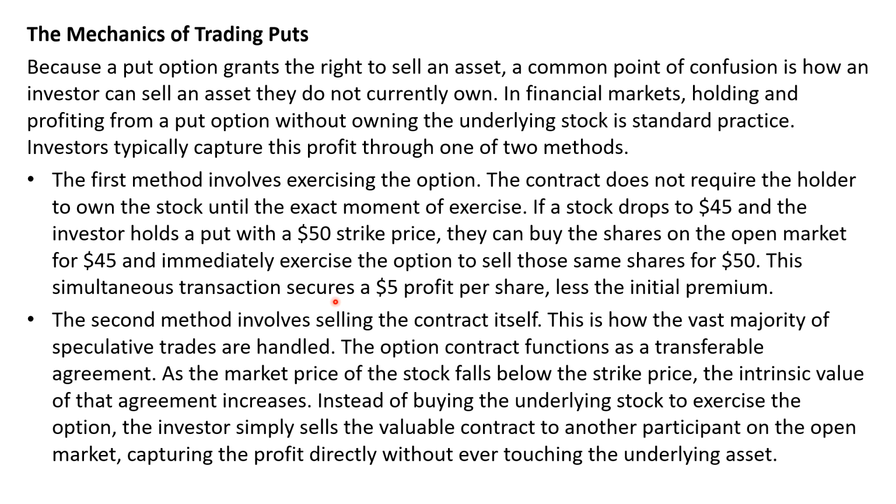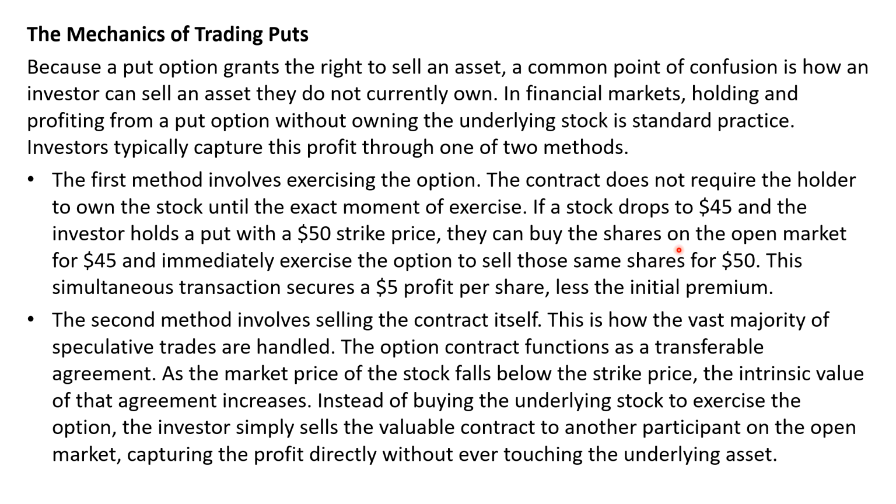This is the more direct method, but I guess less common. The first method involves exercising the option. The contract does not require the holder to own the stock until the exact moment of exercise. If a stock drops to $45, for example, and the investor holds a put with a $50 strike price, they can buy shares, assuming they have more than one option, which is typical.